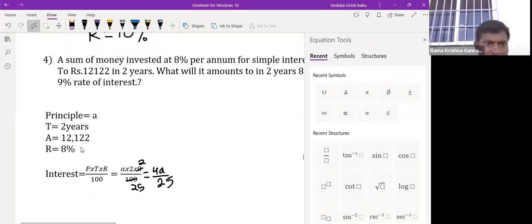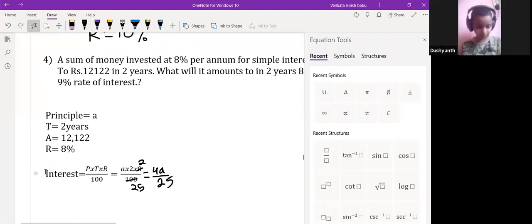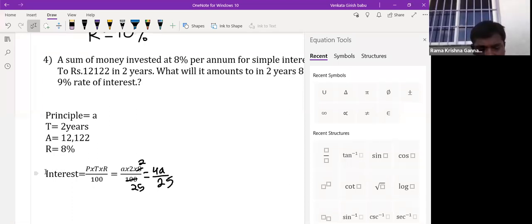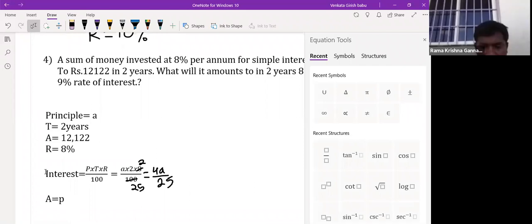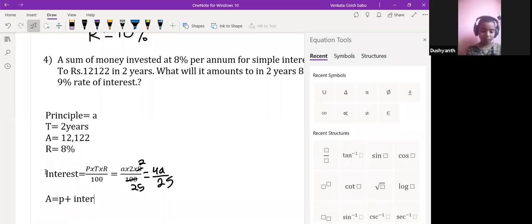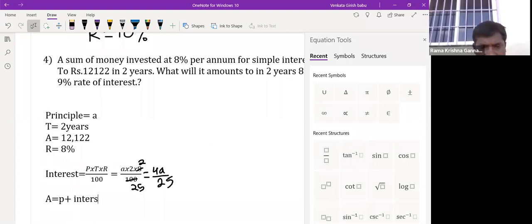Now, what is the formula for amount? Amount equals P plus interest.